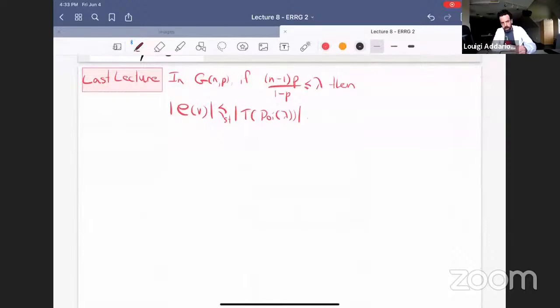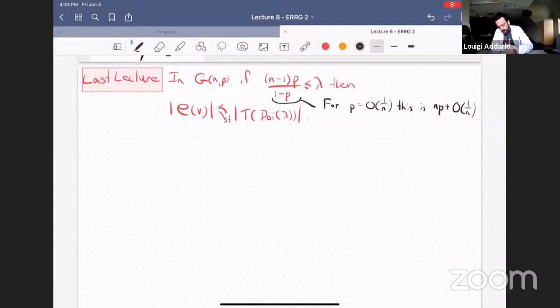Let me just mention right away that the range of parameters we'll be interested in is p of order 1 over n. For that range, this is the same as just np plus order 1 over n.